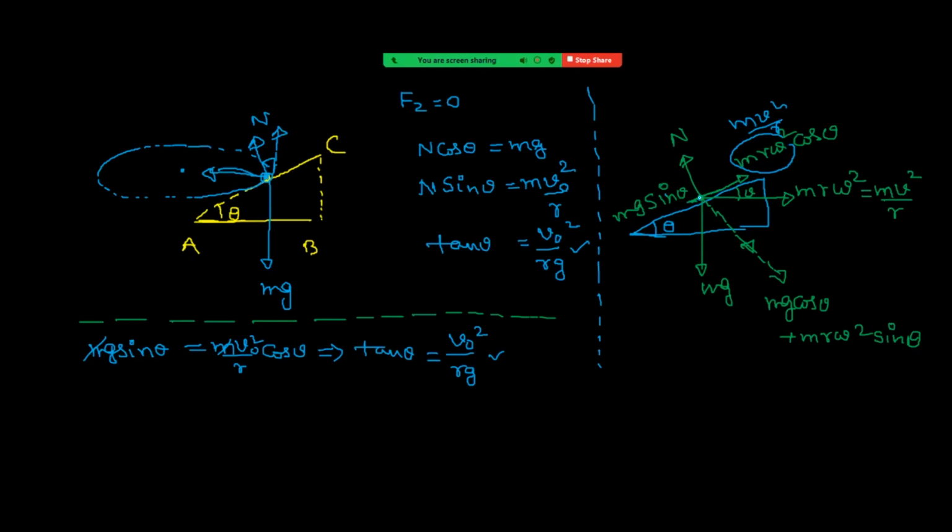The vehicle has a tendency of slipping up the road. Then friction will be down the road. When the speed keeps on increasing, this friction also keeps on increasing, and at one point of time, friction becomes the limiting value. Let us write equations here.